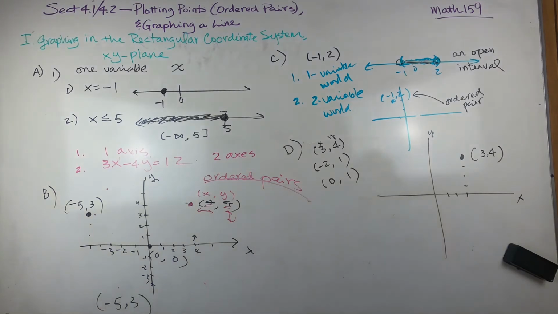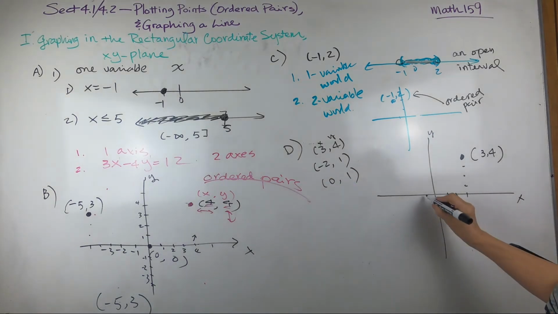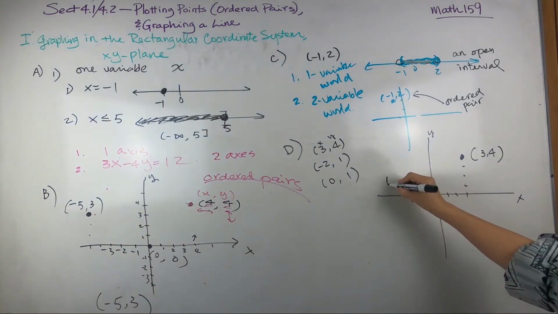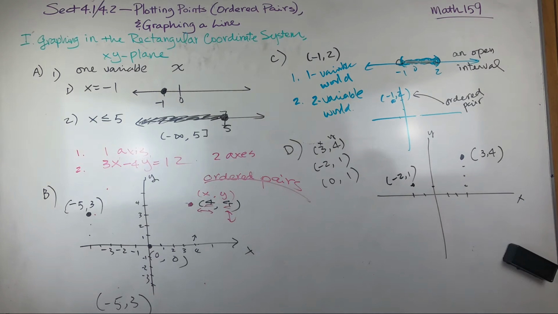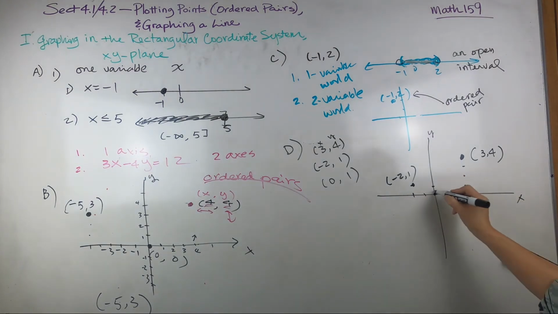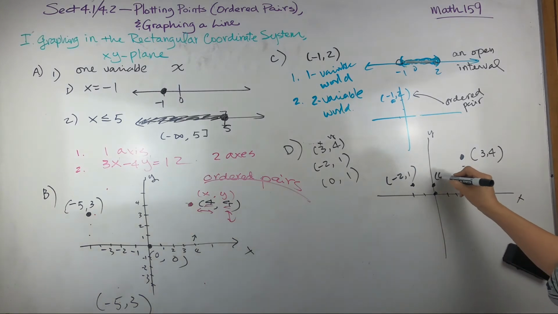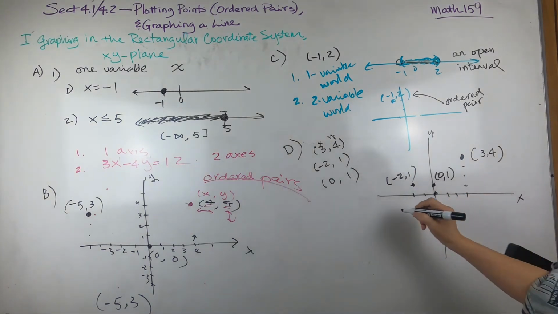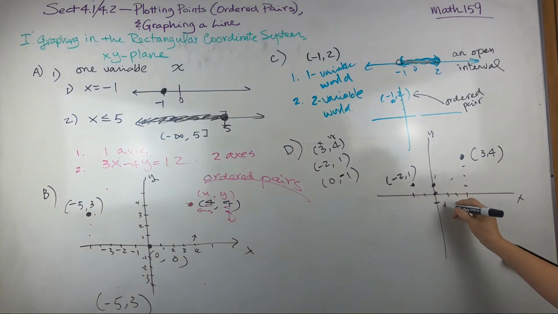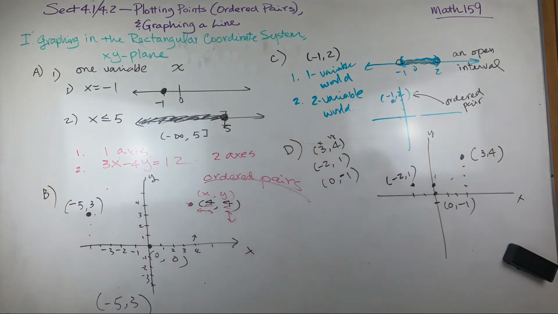Then next one, (-2, 1). -2, you go to the left, then you go up 1. Then where is (0, 1)? 0, x doesn't go anywhere, then up 1. Then, if we do (0, -1) on your paper, that's how we do it.